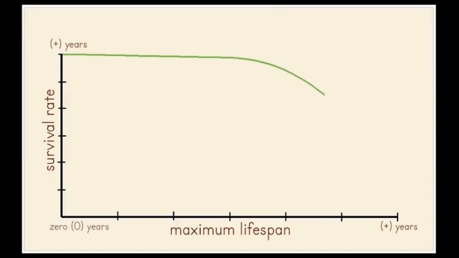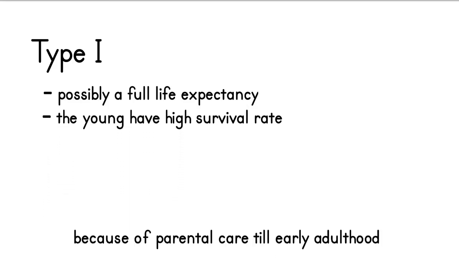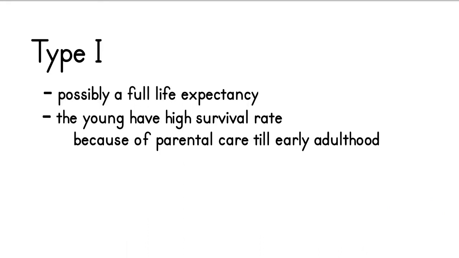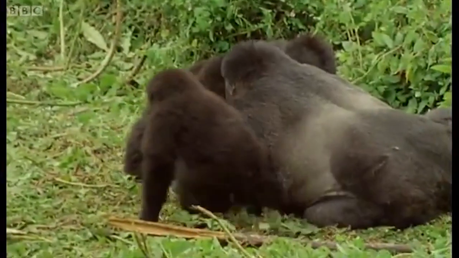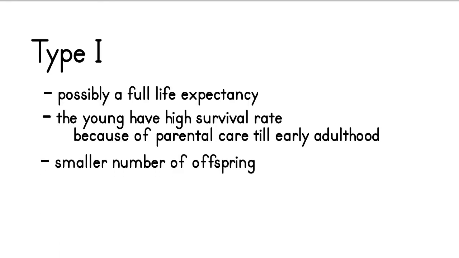The slight plateau shows how, at the younger stage, individuals have a high tendency to survive because of the presence of parental care until around early adulthood. Type 1 organisms have a comparatively smaller number of offspring.